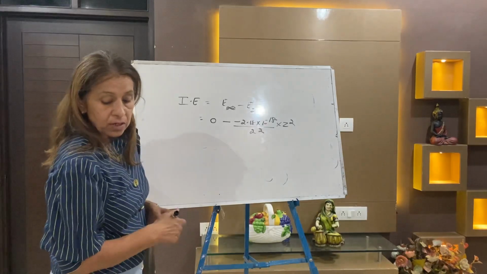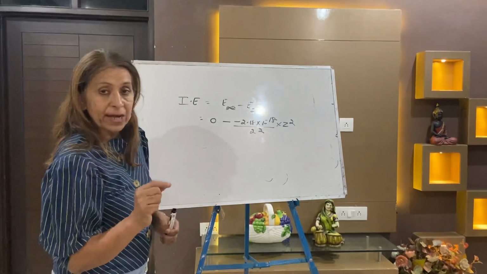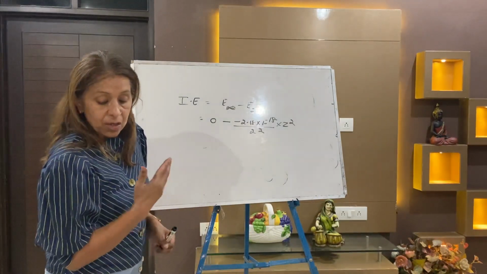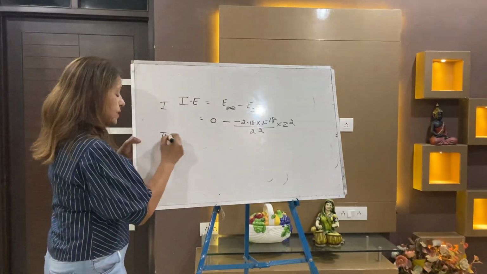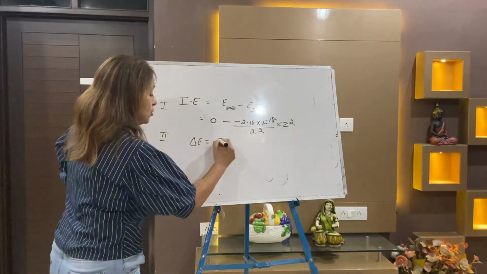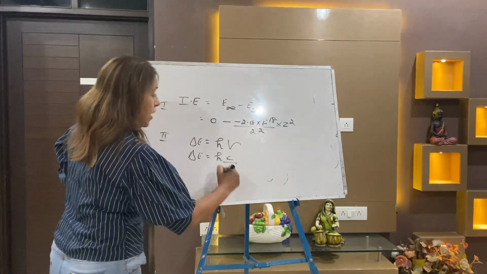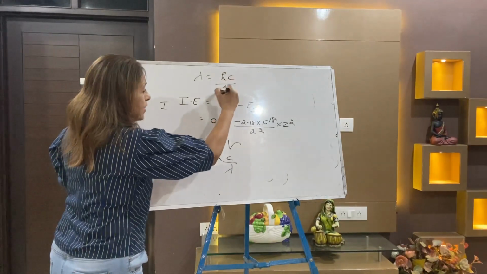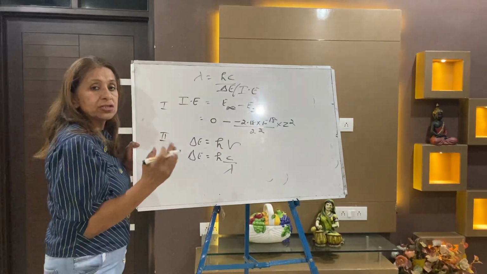After calculating the energy to remove the electron from n is equal to 2, now they are asking what is the longest wavelength of the light. You apply delta E is equal to h nu, delta E is equal to hc by lambda, and lambda is equal to hc by delta E, or IE. So you can put the ionization energy here.